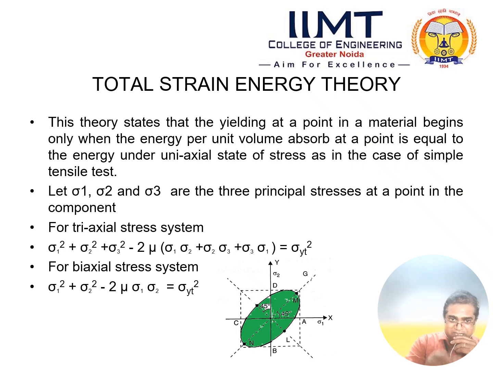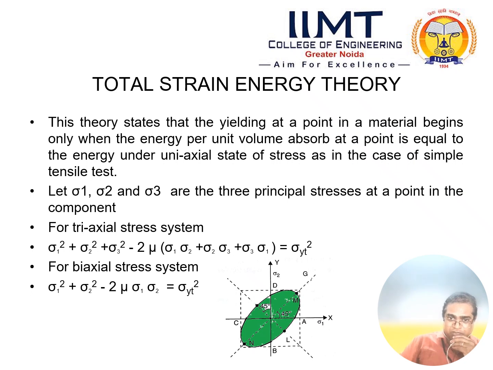We can get the equation for the triaxial stress system: sigma 1 square plus sigma 2 square plus sigma 3 square minus 2 mu, where mu is the value of the Poisson's ratio of that material.